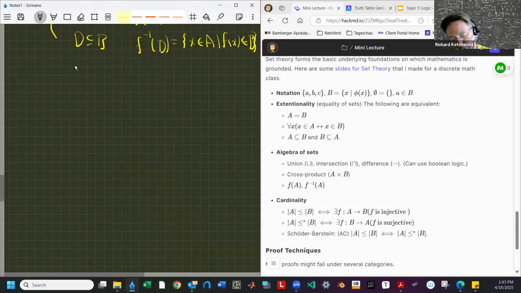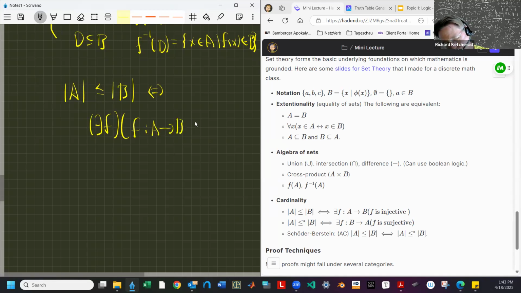Finally, cardinality, really quick. It just means the size of a set. For finite sets it's clear: you have n elements, or 12 or 13 or something like that. But for infinite sets it's a little trickier. In general, we define that the size of A is smaller than or equal to the size of B if and only if there's a function f going from A to B, and f is one-to-one, injective.